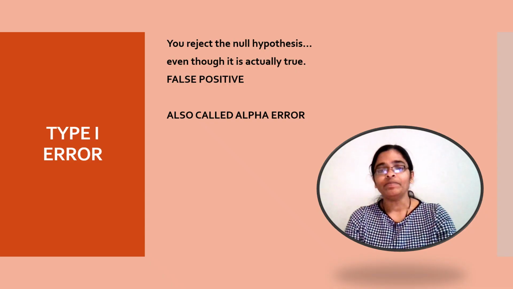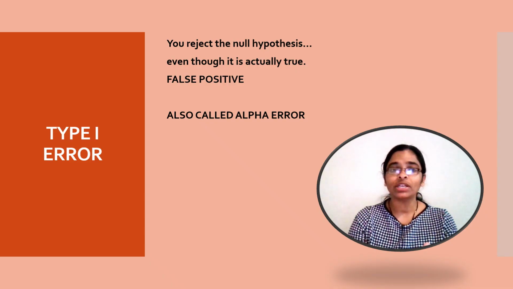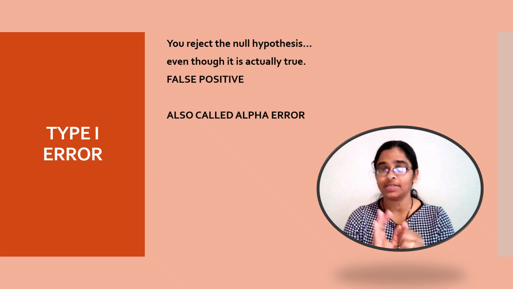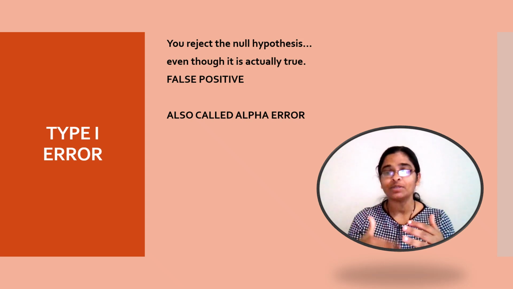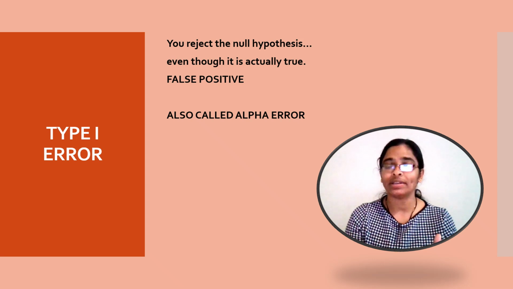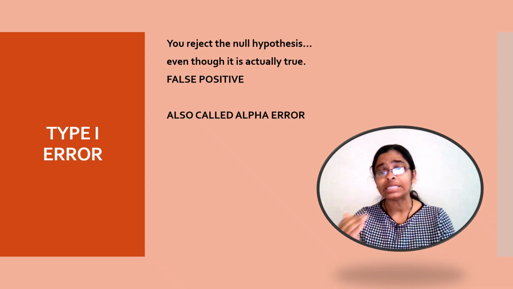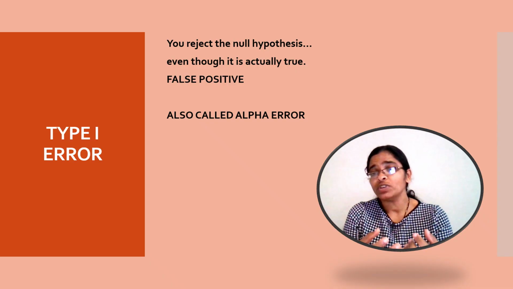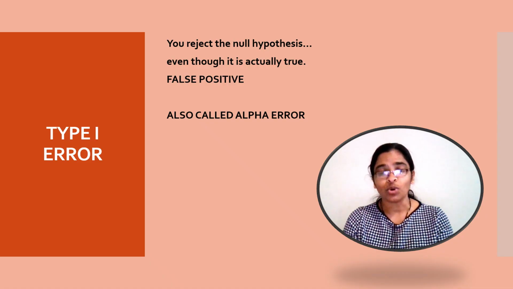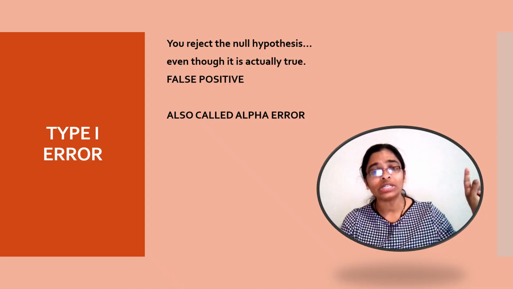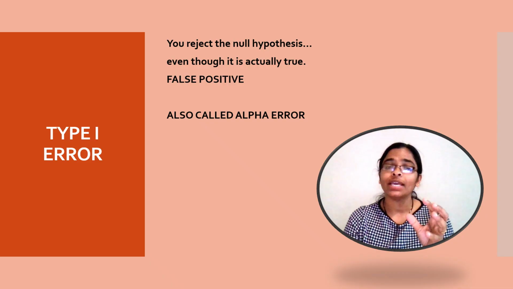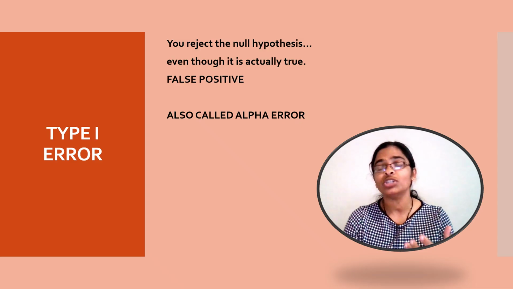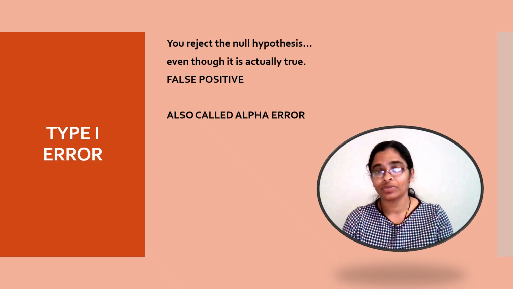For example, imagine a study which concludes that a new antidepressant works better than a placebo, and hospitals begin prescribing this new antidepressant. Months later, larger studies show it actually offers no benefit. So, in that case, the original study made a type 1 error. It found a difference that didn't truly exist.